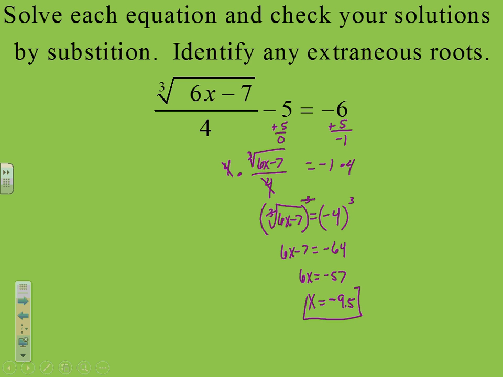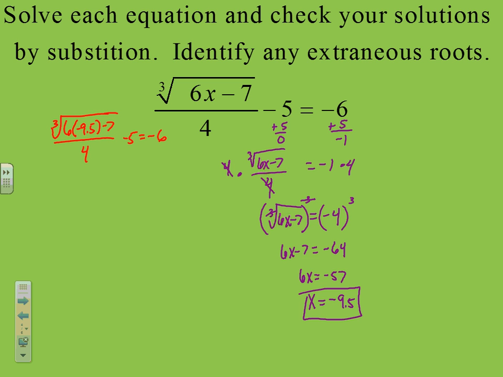Now that I know what the value of the solution is supposed to be, we do have to check. Because we only have one solution here, we really shouldn't have to check to see if it's extraneous, but we're going to go ahead and do it just to be on the safe side. So the cube root of (6 times negative 9.5 minus 7) over 4, minus 5, equals negative 6.